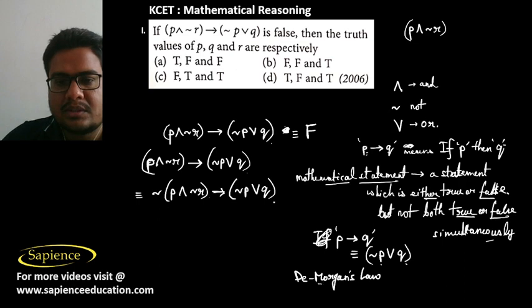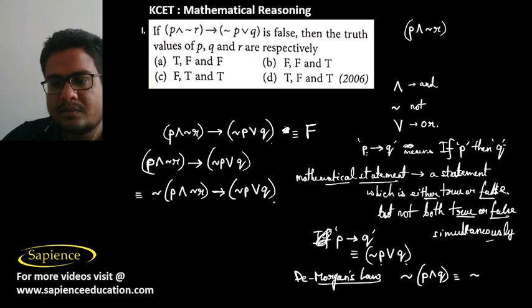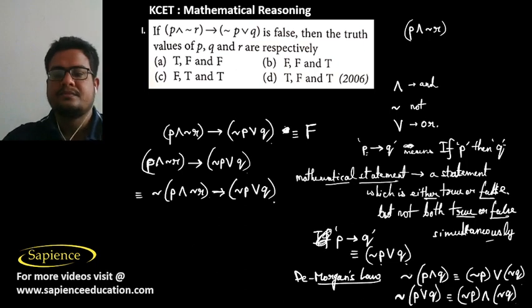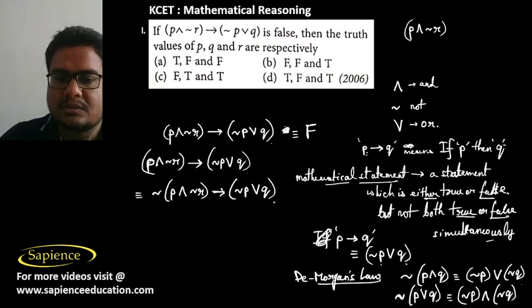De Morgan's law states that if we take the not of P and Q, then this is equivalent to not P or not Q. And if I do the negation of P or Q, then that will be equivalent to not P and not Q. These are called De Morgan's laws.